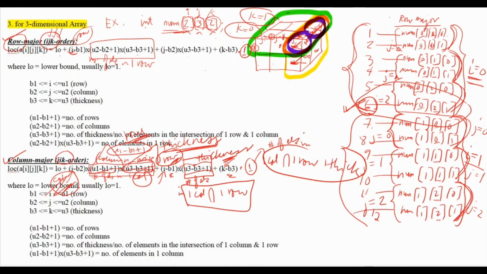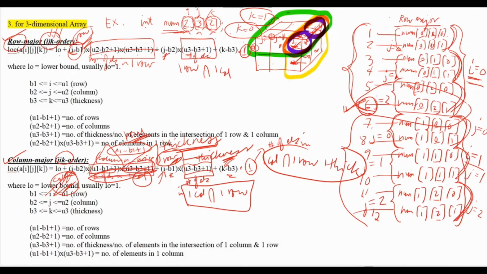Let's review. Let's compare these two addressing functions of row major and column major. This is the number of elements in one row because that is our primary reference, the row. This is the number of elements in one column because this is our primary reference, the column. And the next consideration is J for row major, while in the column major it is I. And so this is simply the number of elements in the intersection of one row intersect with one column.